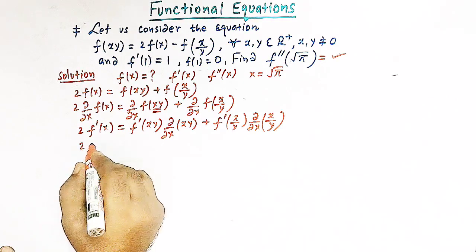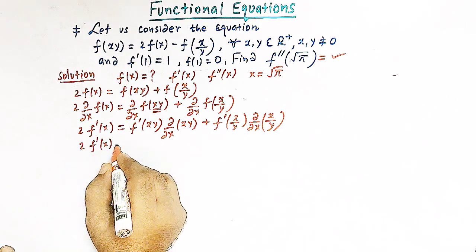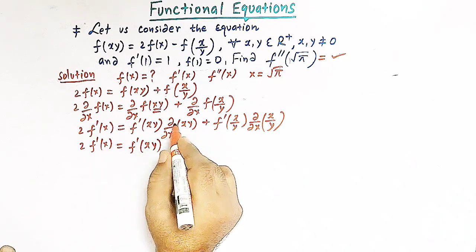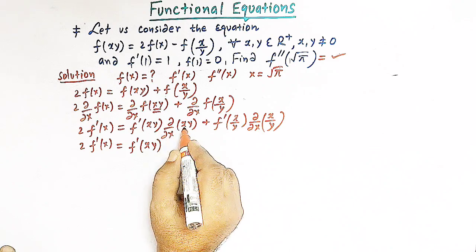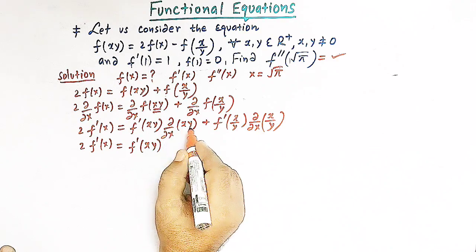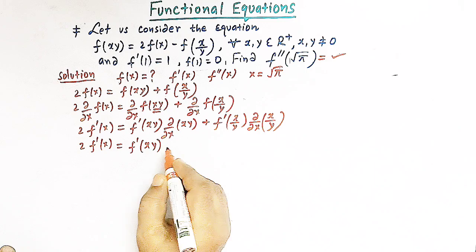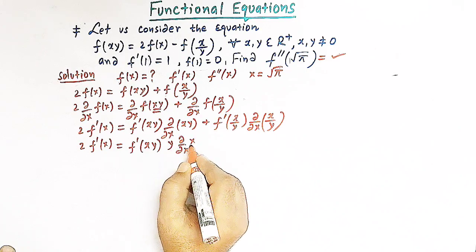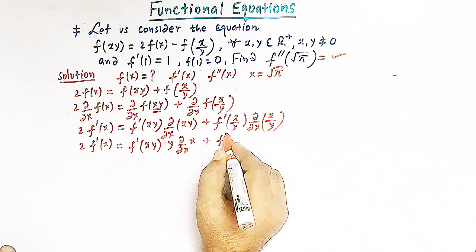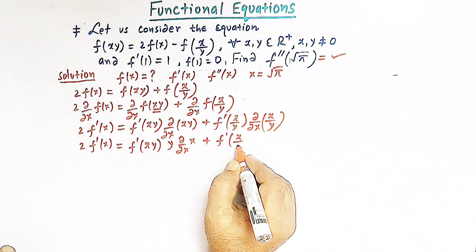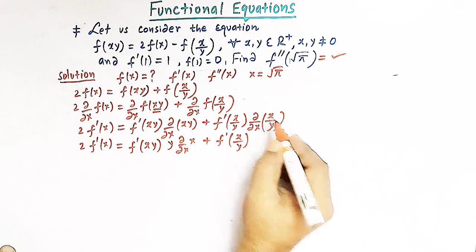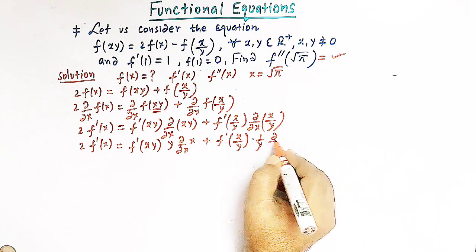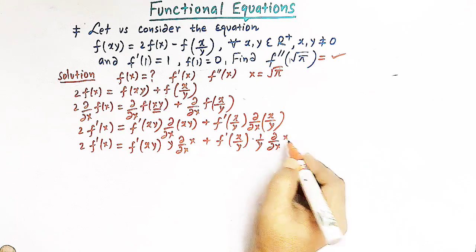So now we have 2 f prime of x, and here we have f prime of xy. Now we have to find out the partial derivative of xy with respect to x, so we can take y as a constant. So we have y and the derivative of x with respect to x, and similarly here we have f prime of x over y, and here we can take y as a constant, so we have 1 over y and del by del x of x.